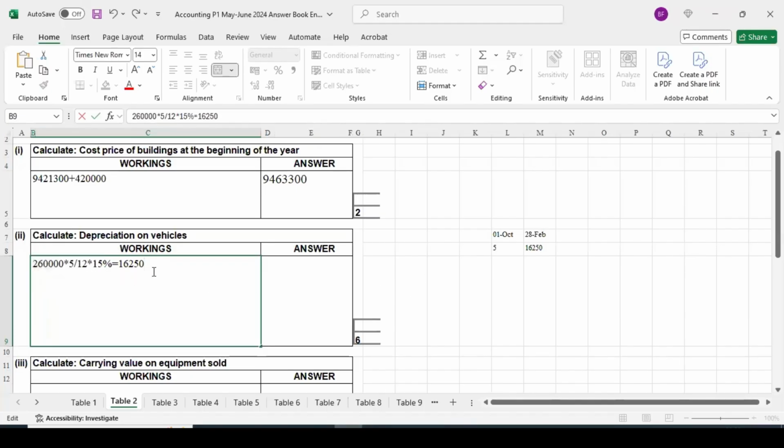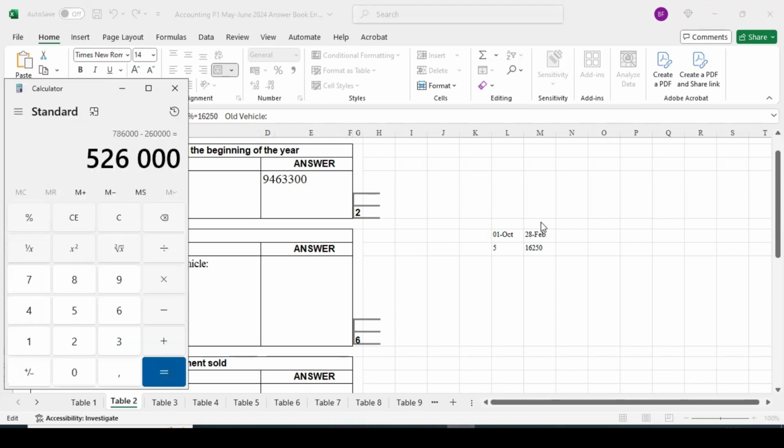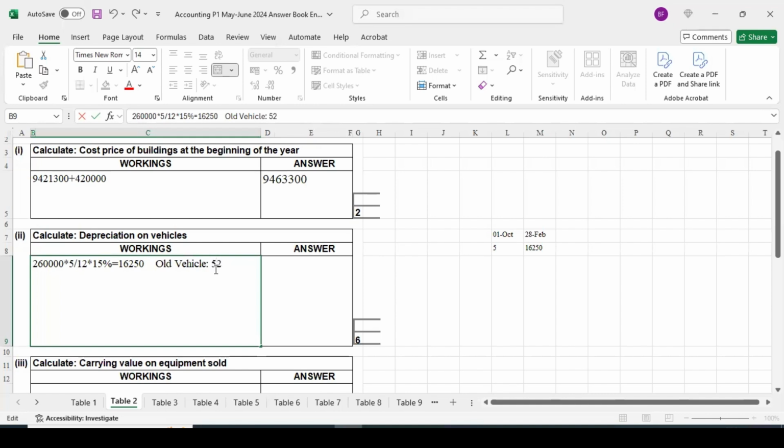So on our calculation sheet for the old vehicle, here the amount is 526,000 rands.